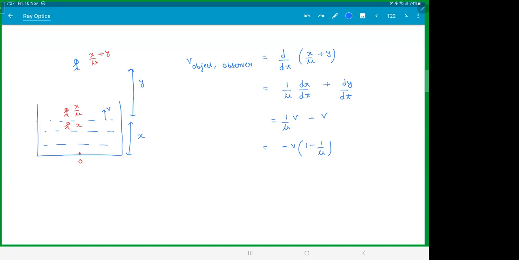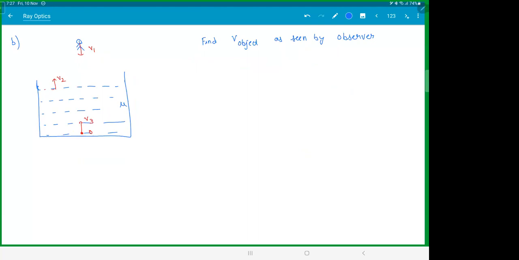Clear? Same thing, we have to differentiate x by mu plus y. This is x. This is y.